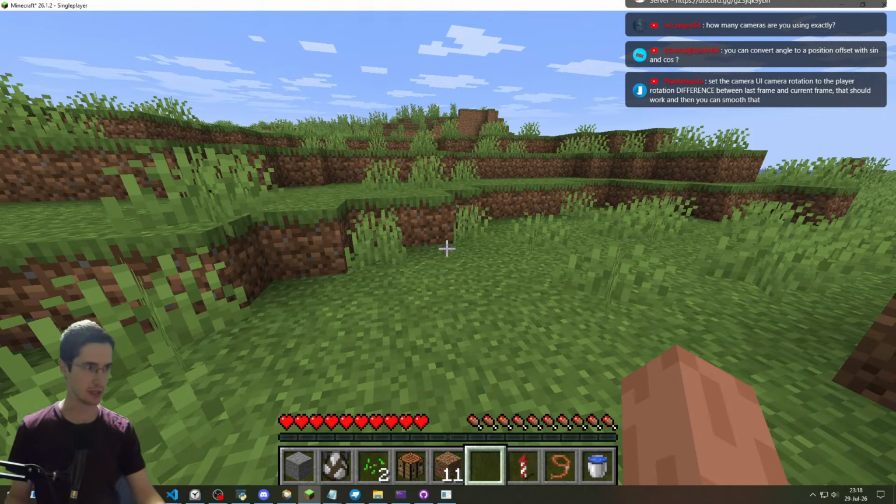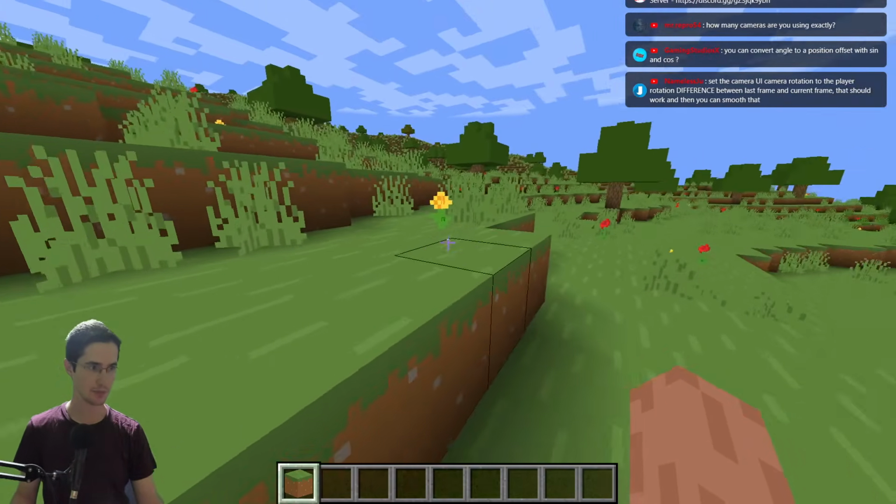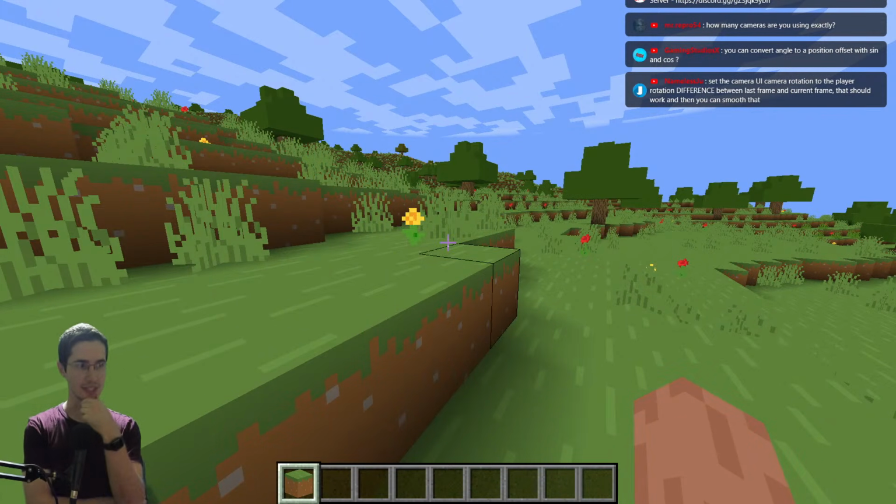You can convert angle to position offset with sine and cosine. Set the UI camera rotation to the player rotation between last frame and current frame. That should work when you can smooth. Oh yeah. To set the UI camera rotation.